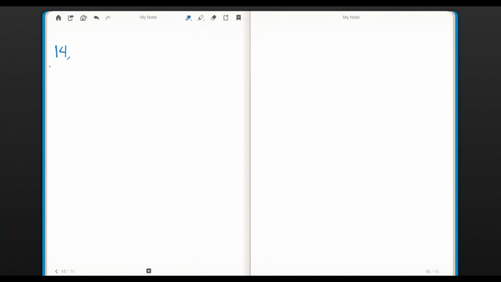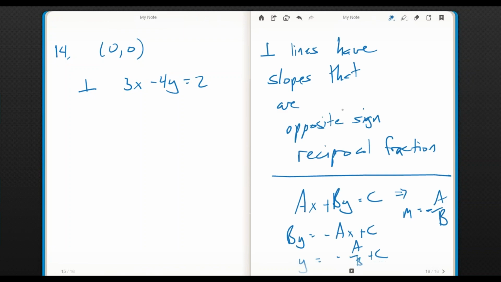Number 14, I want a line that goes through the origin. So (0, 0) is on the line, and it's perpendicular to the line 3x minus 4y is equal to 2. Two things that you need to know about algebra in order to do this problem. One is the fact, this is a fact, it's true all the time: perpendicular lines have slopes that have two characteristics.